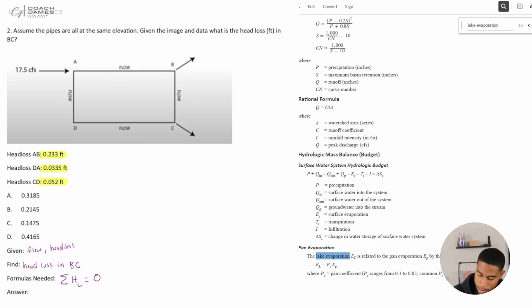So just imagine, it's important to note where this water would be going. So we know if it's coming in at 17.5, right? If it comes through point A, right, which is what it has to do, the normal direction of flow is that way. The normal direction of flow is this way. So go from A to B or A to D, right?